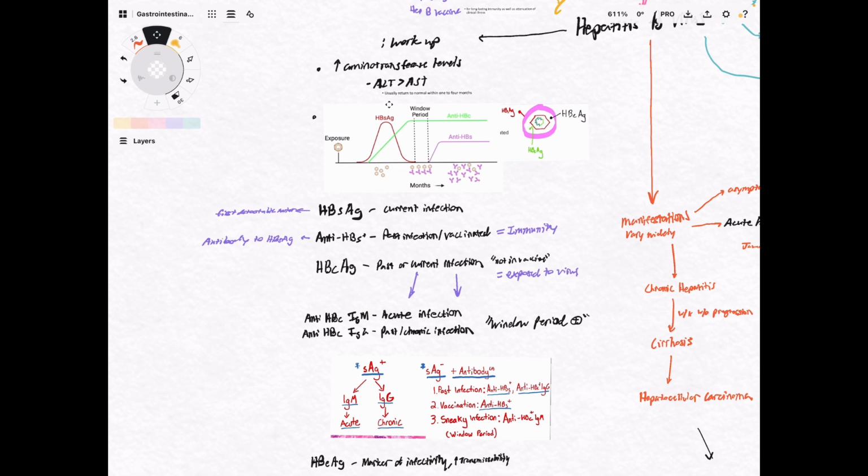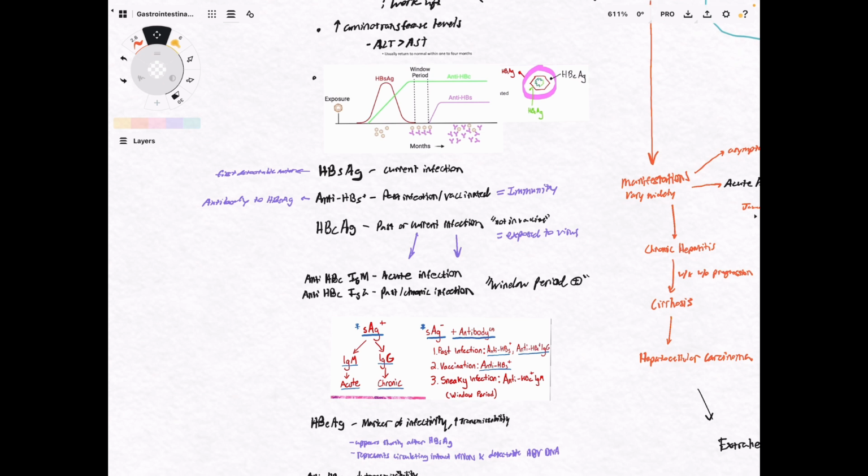There's a time between the HBsAg and the surface antibody where you're going to have this window period where nothing shows up except for the core antibody. The core antigen is going to be present post or current infection, and it's also not in the vaccine.